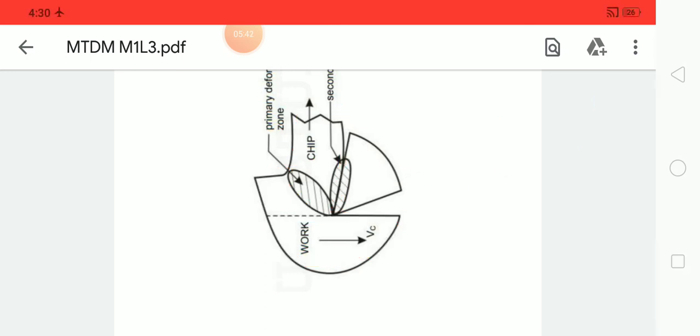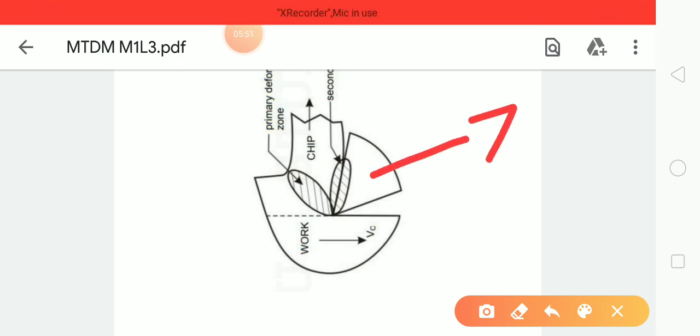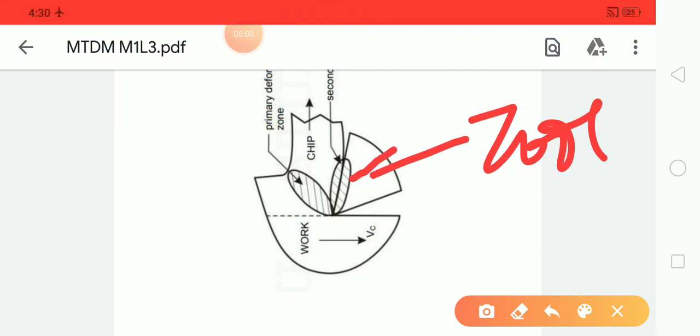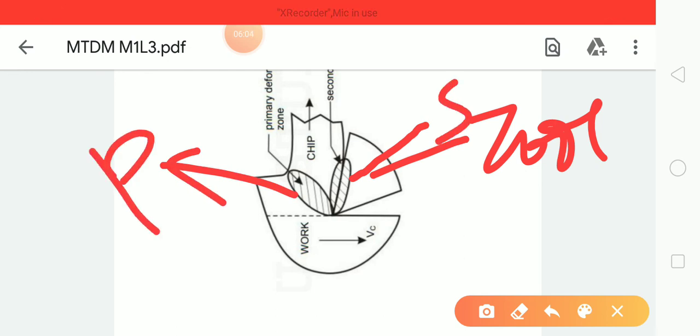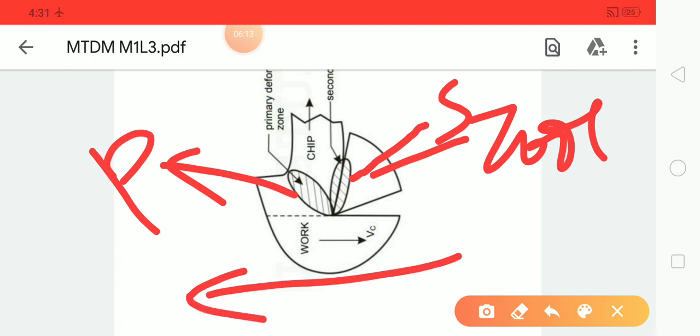When we first cut the workpiece with this tool, a primary shear zone is formed. This is the primary shear zone and this is the secondary shear zone. The initial primary zone will be shifted when the tool advances more into the workpiece.